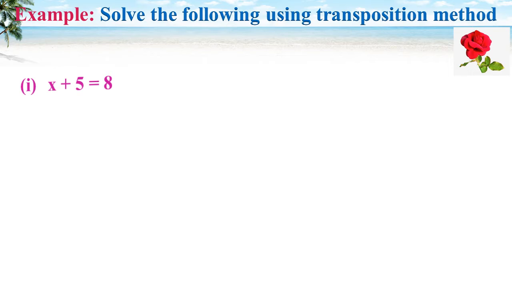The first equation, x plus 5 is equal to 8. Here x is the variable, 5 and 8 are constants. Here we have to find the x value.